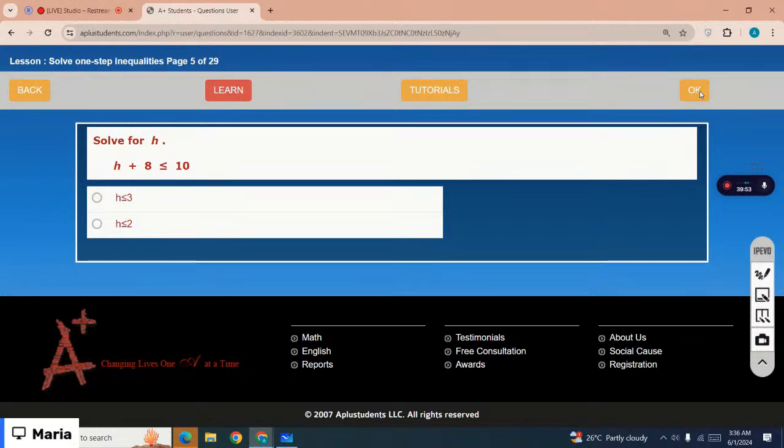The correct option is h is less than or equal to 2. Option number 2 is the correct option.